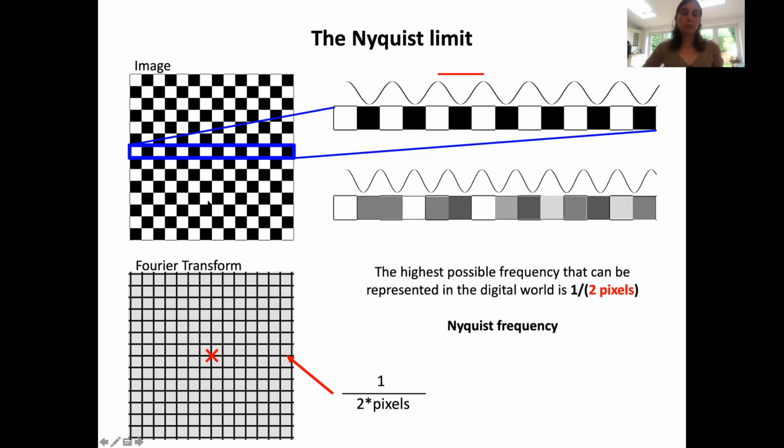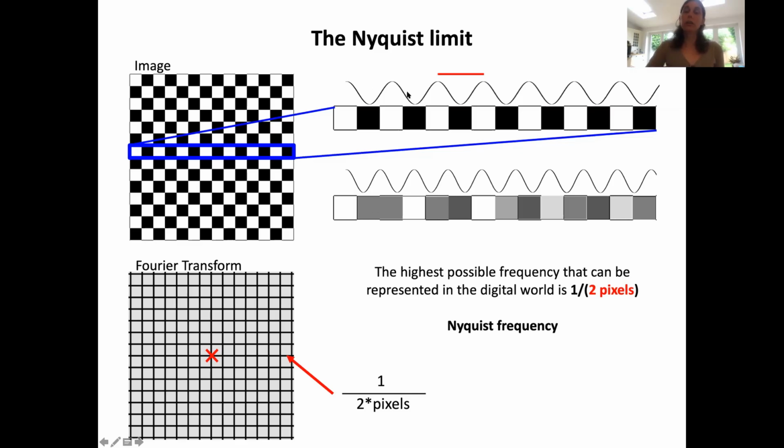These are the possible positions where we can put the values of our function. You can see here that if our function oscillates faster than every 2 pixels, so if the period, which is defined here by the red line, is smaller than 2 pixels, then we can't really represent this function in this pixel grid. Everything becomes muddled up.